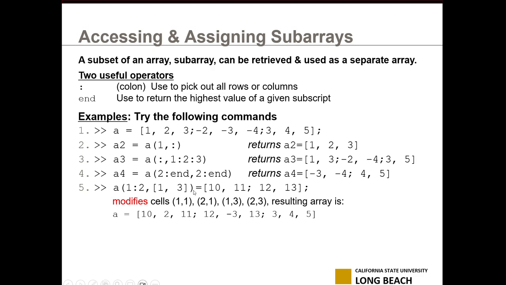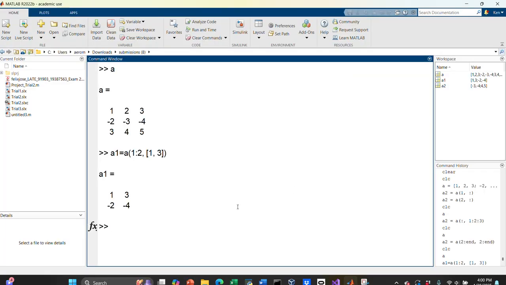Now, if you look at this example, what they did is they actually set those values to something else. So let's try it one more time, but we're going to do it a little bit different.